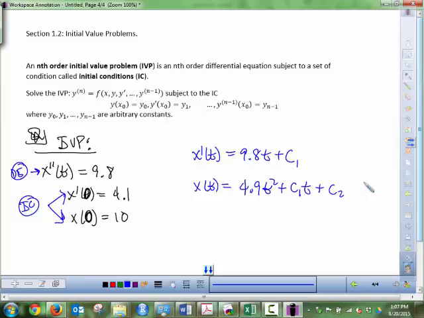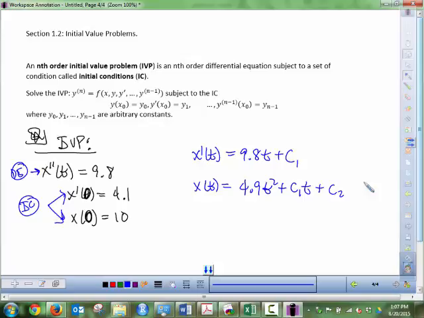Okay? So now, with an initial value problem, we should be able to figure out a particular solution by solving for c1 and c2.